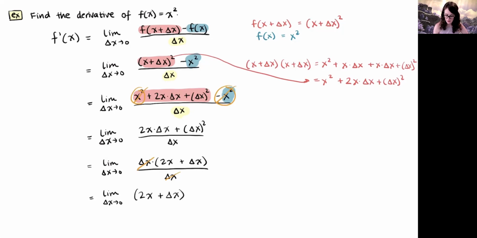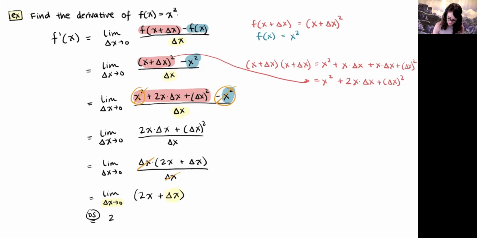Now that we canceled out the 0 over 0, what we can do is direct substitute in. Now be careful what we're plugging in here, or what we're substituting in for, right? It's delta x approaches 0, not x. So x is a general placeholder for any point that we want to find the tangent line at. Here, we're just letting delta x approach 0.